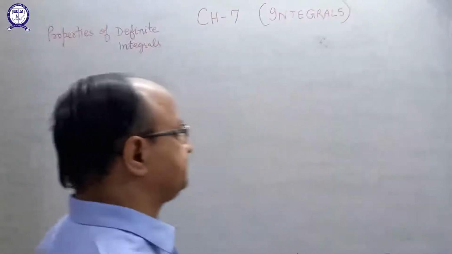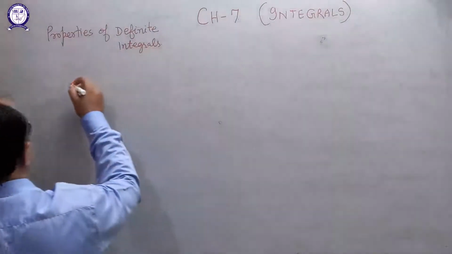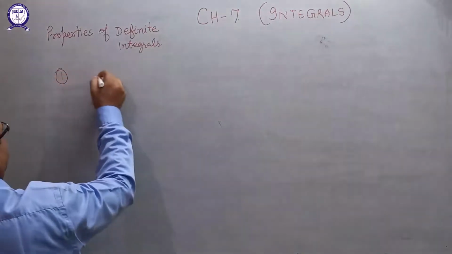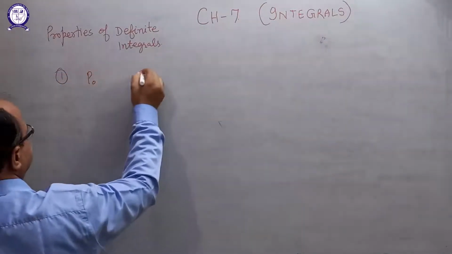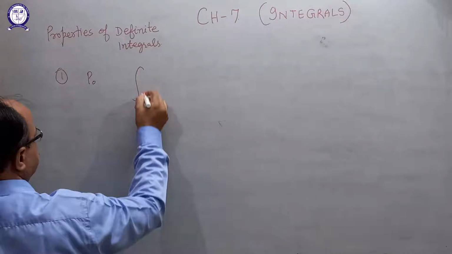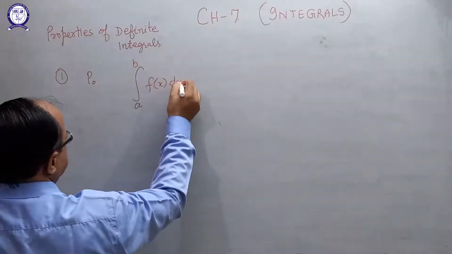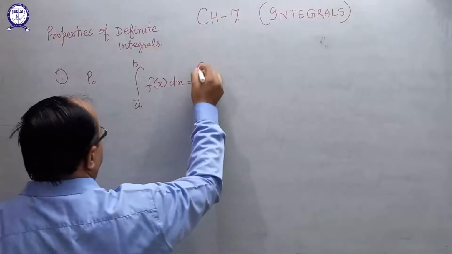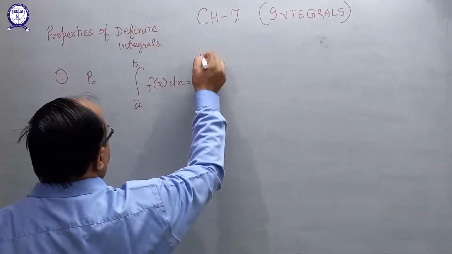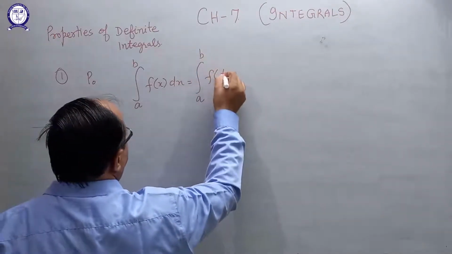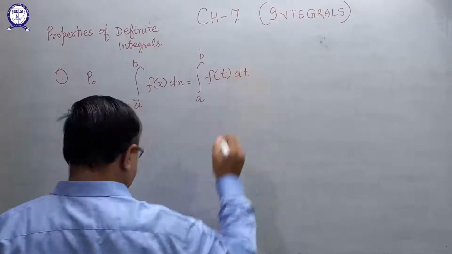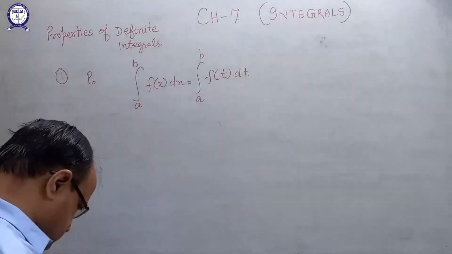Number 1, property P0: integration a to b f of x dx equals integration a to b f of t dt. Right? Clear?